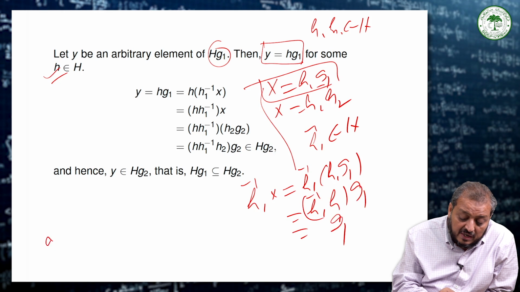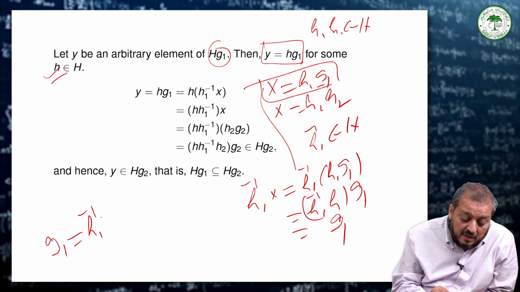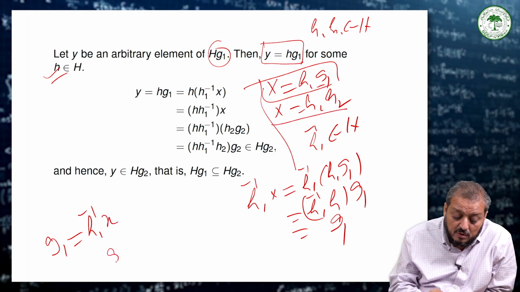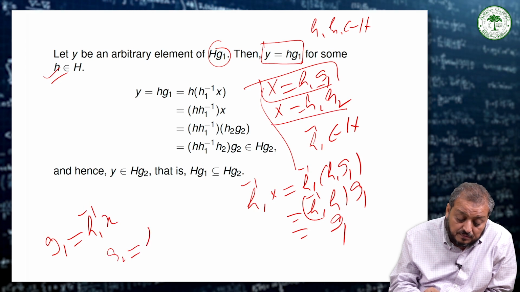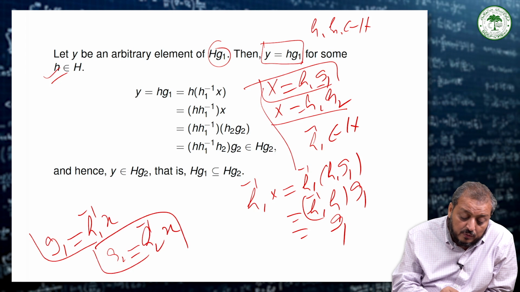So G1 can be written as h1 inverse x, and similarly G2 can be written as h2 inverse x.